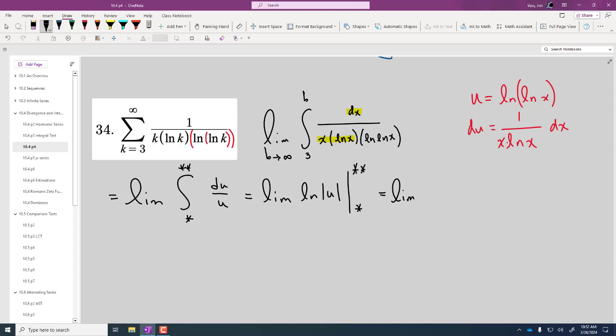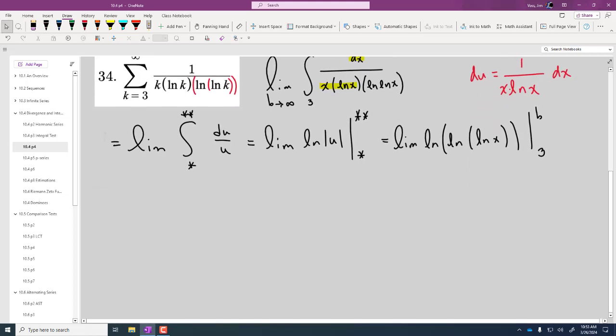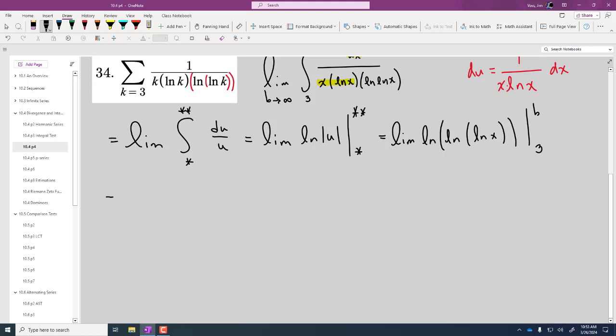So this is going to be the limit of ln of x. Throw another one in there. Let's see what happens. We can see where it's going, I think.